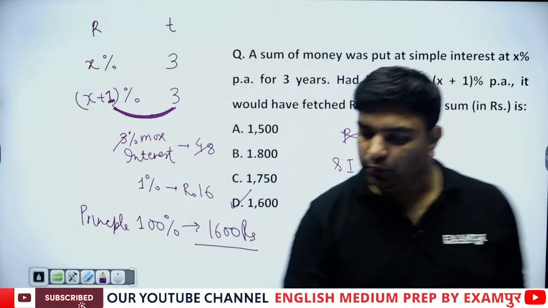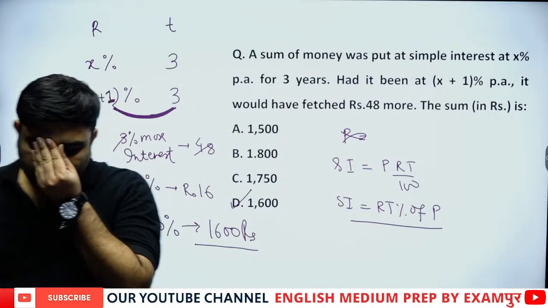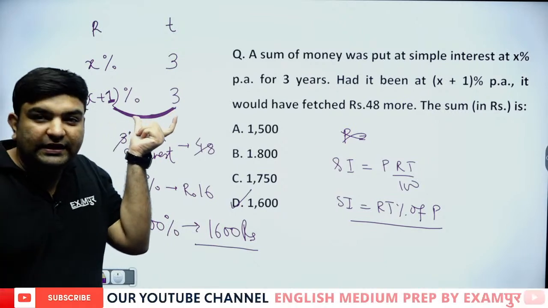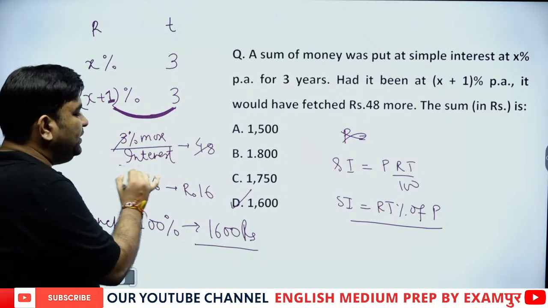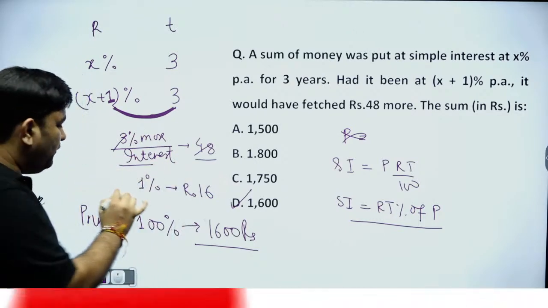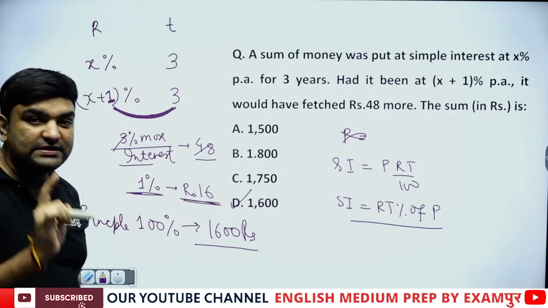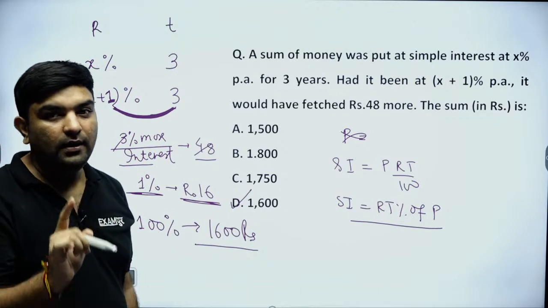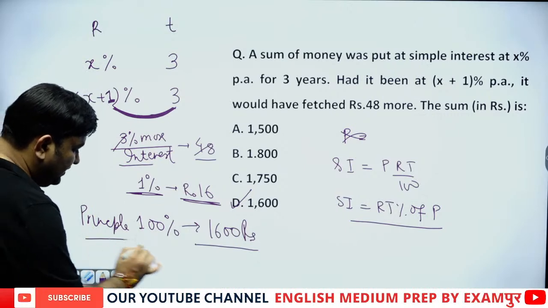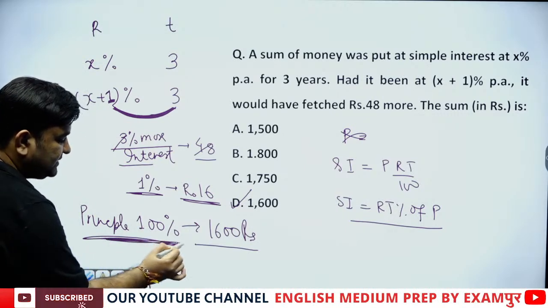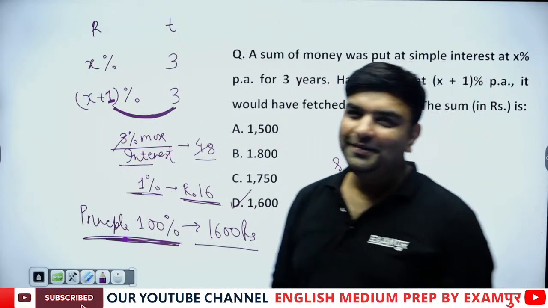Any issues, do let me know. 3% more interest is equal to rupees 48, so 1% interest is equal to rupees 16. Since interest is calculated over principal, 100% will represent the principal. So if 1% is 16, 100% is 1600.